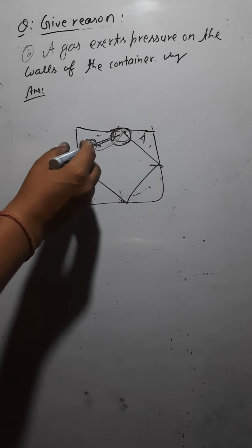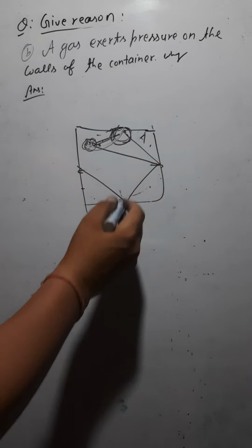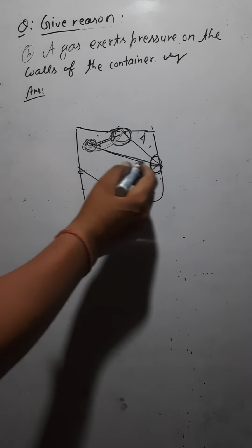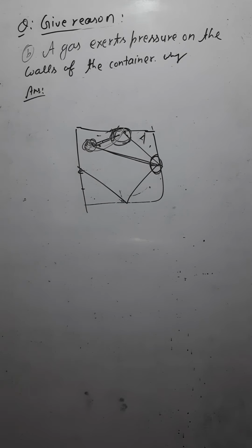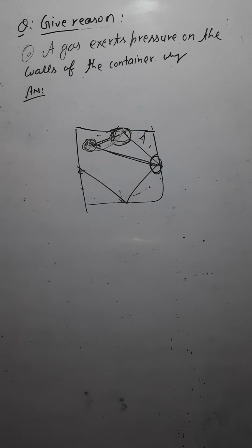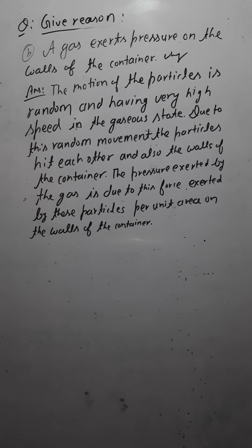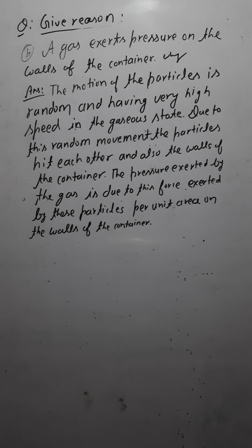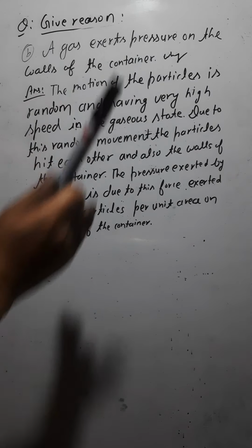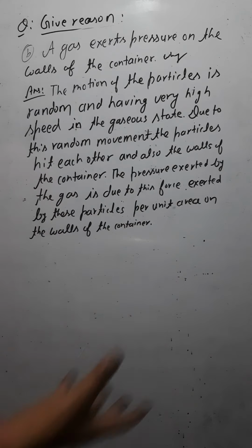Let's say we have the molecule colliding with this one wall. In a unit area, let's say in this one area, how much force is the molecule applying? This is known as the pressure, isn't it? So that is the reason. Let me write it. The reason is the motion of the particles, which is random, because they are moving here and there and having very high speed also.